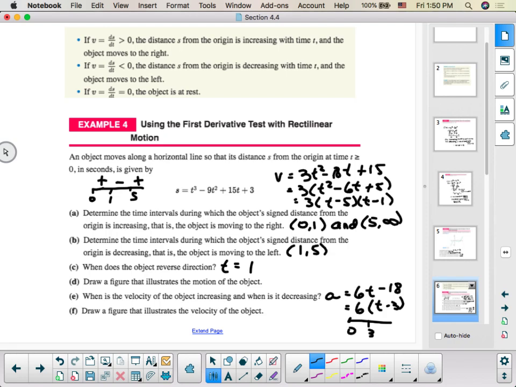And so for acceleration between 0 and 3, we have negative, and bigger than 3, we have a positive. So the velocity is increasing at 3 to infinity and decreasing between 0 and 3.